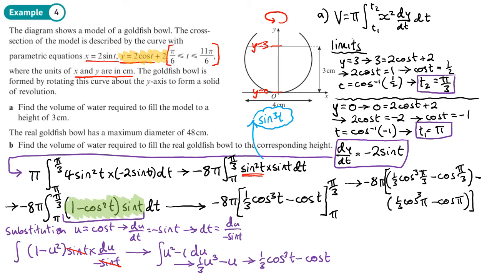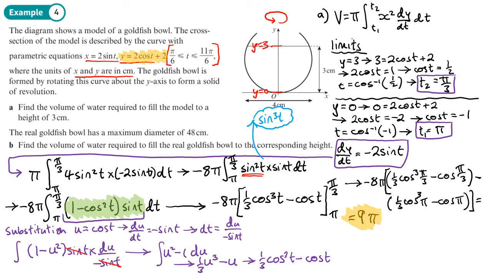Right, so let's work that all out and see what we get. And that gives 9 pi. I just typed it all in and used my calculator to work out the whole lot. So 9 pi will be the volume of water required to fill it.